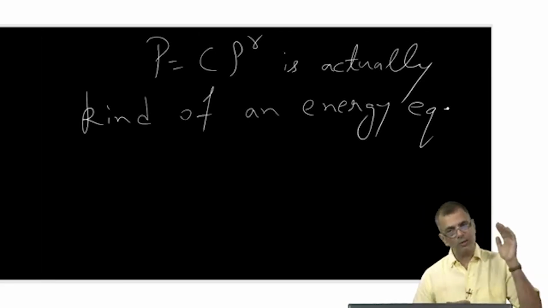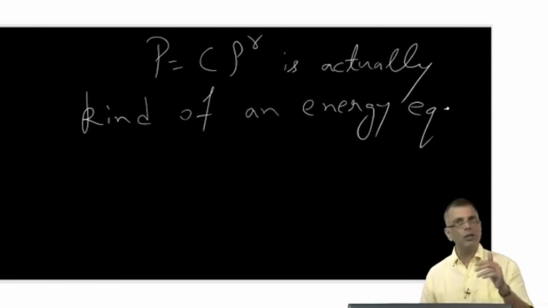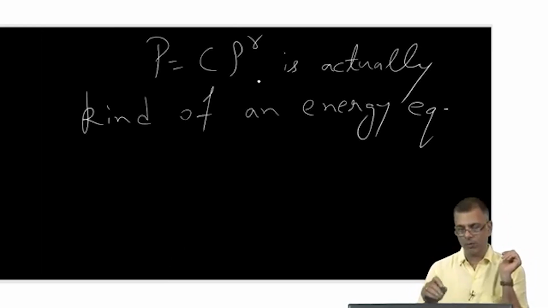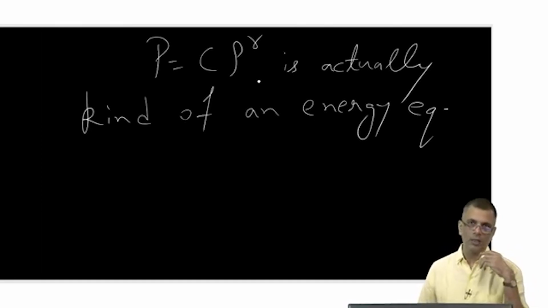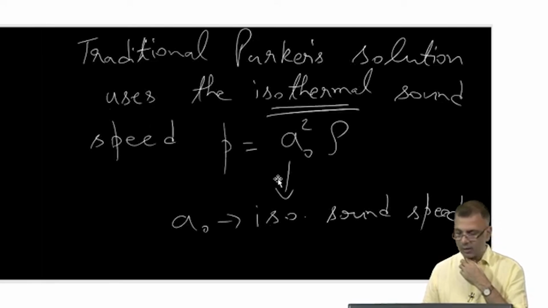We only used the conservation of mass and the conservation of momentum. Those are the only two equations we used. It's only via this kind of closure relation between P and rho that we introduce the idea of energy conservation. And why is this energy equation important? Or why is it that we even need to investigate anything other than this?